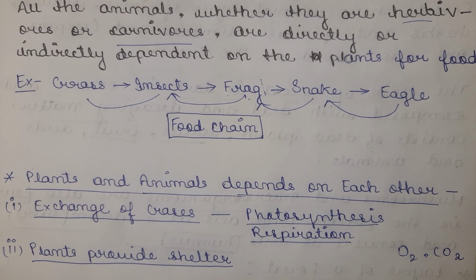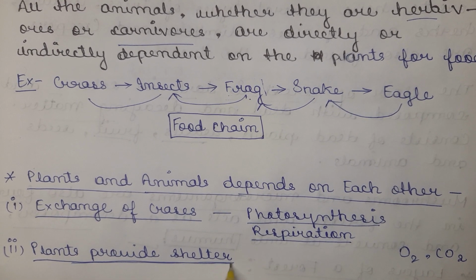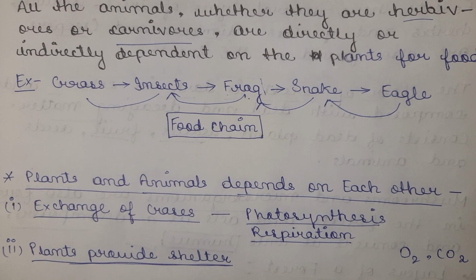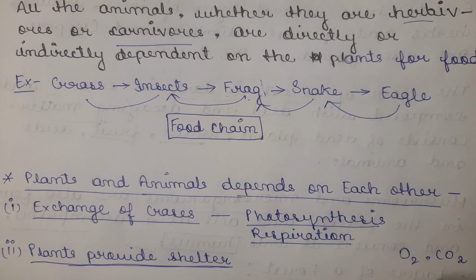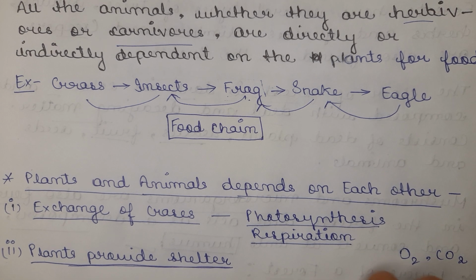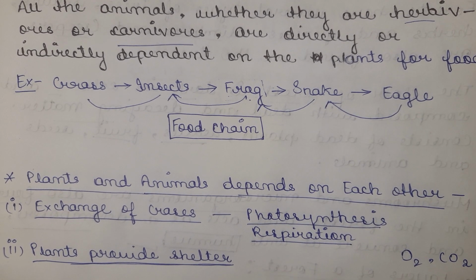Now from here we can say that plants also provide shelter to whom? To basically the animals. They protect the animals from their predators that live in the forest, and in return we can also say that animals help the plant by dispersion of seeds.